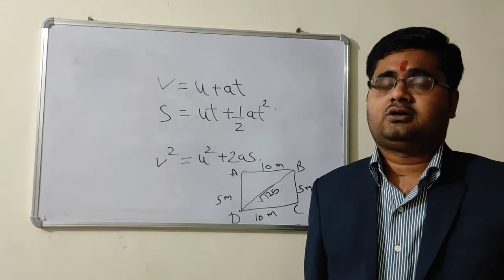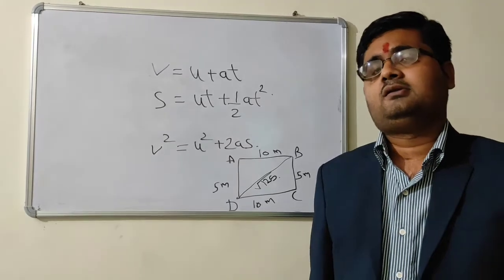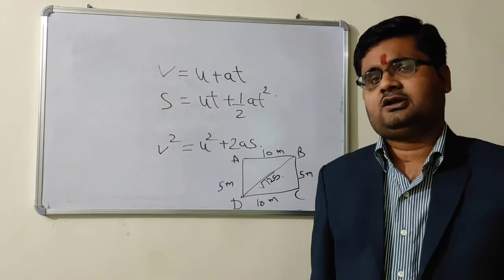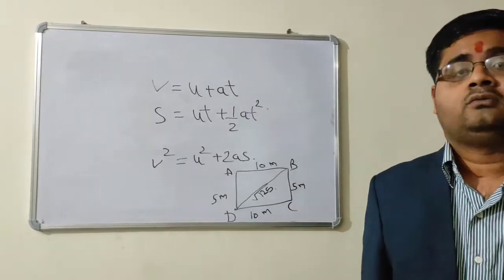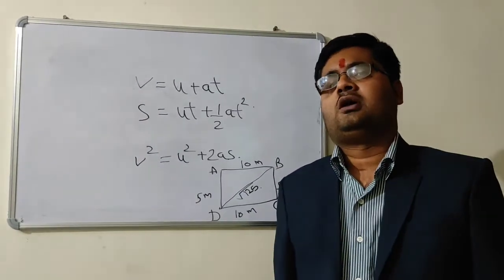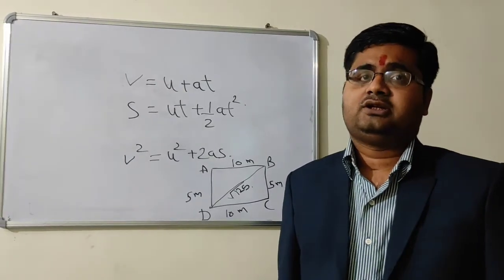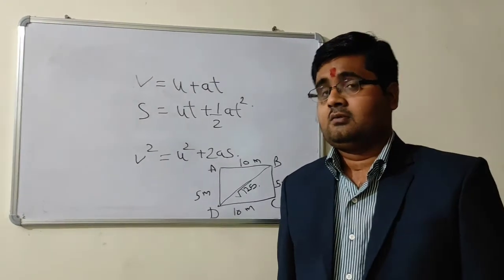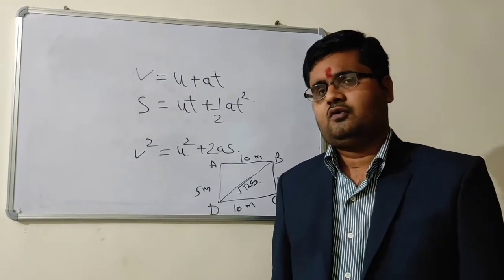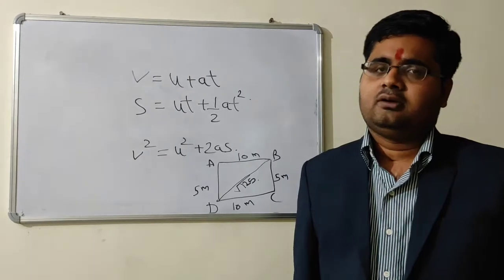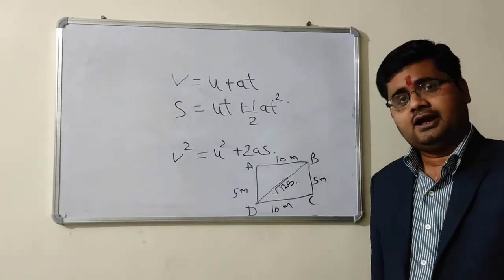That constant is m, that is mass, and the product of mass and acceleration is force. So if anybody asks you to define force, you can define it as the product of mass and acceleration. The SI unit of force is Newton, and the CGS unit of force is dyne.